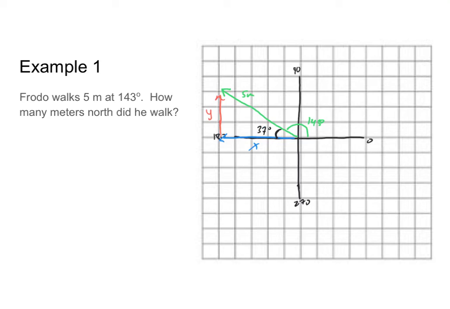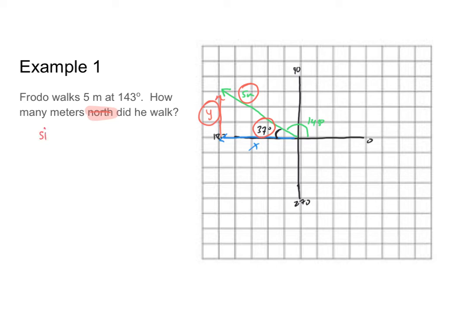So now I can figure out the values of y and x, or actually, for this problem, just y, right? So I only care about how many meters north he walked. So I know that I have my hypotenuse and I have my angle, and I'm trying to find my opposite side, so I'm going to use sine.